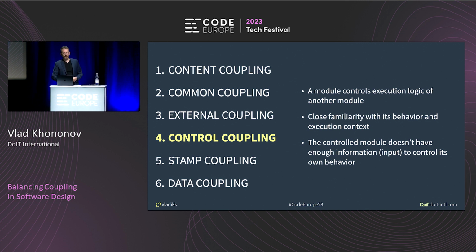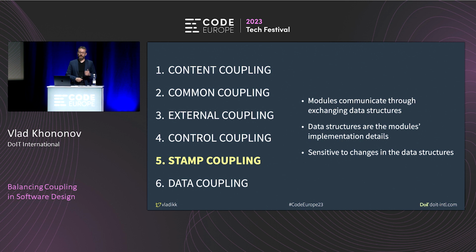The next level is called control coupling, and that's the most fuzzy one. This one happens when one module dictates to another one how to do its job. For example, when you have business logic that is not properly encapsulated in one module, but is spread across two modules. That's an example of control coupling.